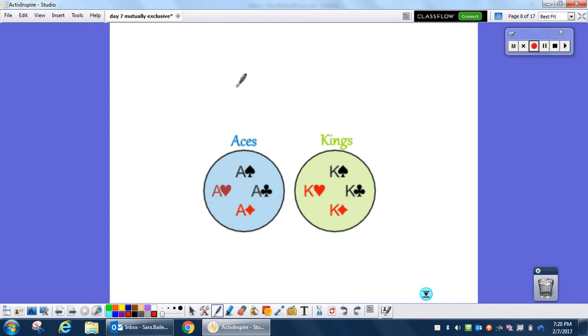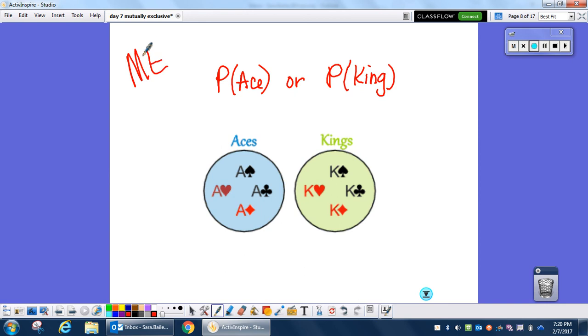So I'm going to go through and see. Here we have the probability of getting an ace, or the probability of getting a king. These are, and I'm going to abbreviate here, mutually exclusive because you can't be an ace and a king at the same time. They don't depend on one another. So if you're an ace, you can't be a king.